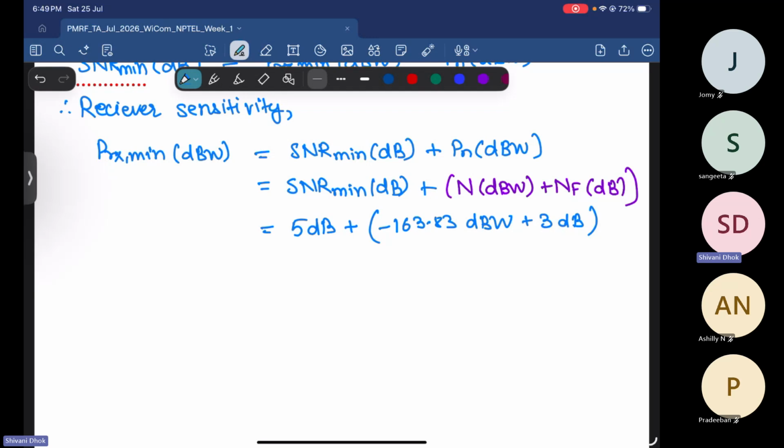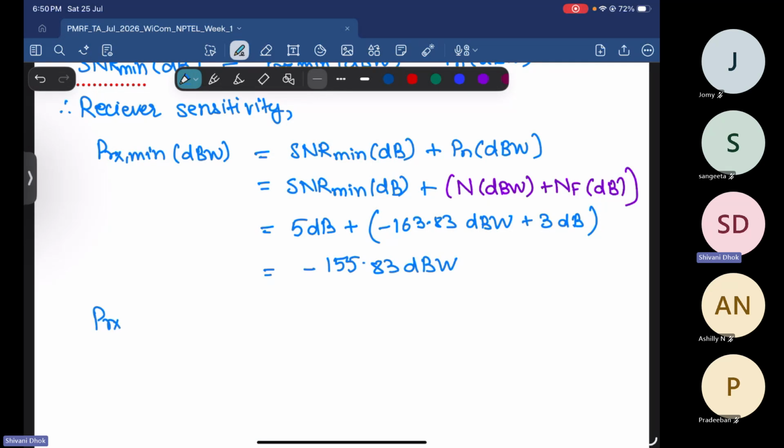Okay, I think I made some mistakes in my calculation. When you use the calculator, you get 5 minus 163.83 plus 3, and this comes out to be equal to minus 155.83 dBW.